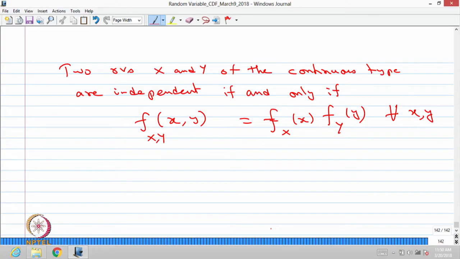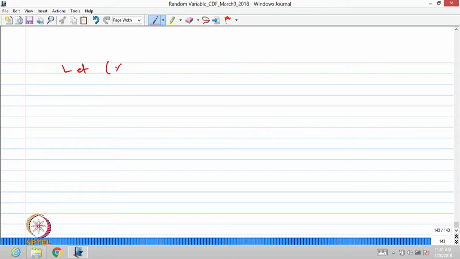Even though we have explained this only through two-dimensional random variables, this can be extended to multidimensional random variables also. That means let x1, x2, and so on up to xn be n-dimensional random variables with CDF capital F, a function of n variables.